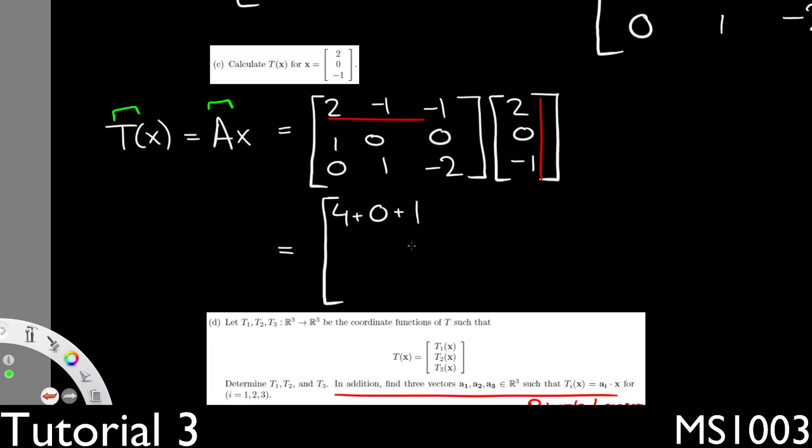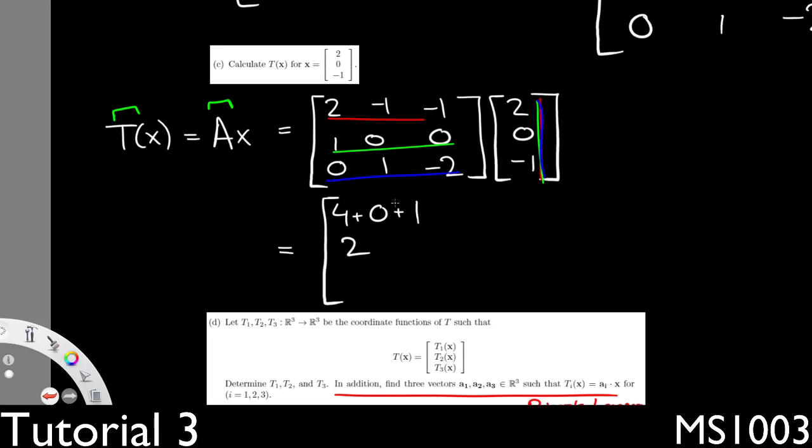Then the second row of our vector here can be the second row of the matrix times the vector. So I get 1 times 2, 0 times 0, and 0 times minus 1. So just two zeros right there. And the third row of our vector would be the third row of the matrix times the vector.